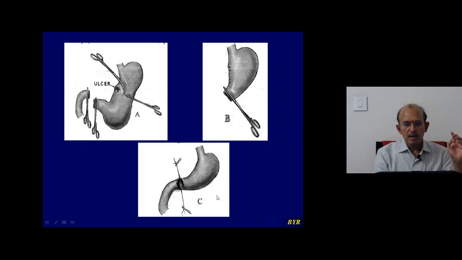So after many modifications, this is the ultimate way we perform gastroduodenostomy now. Nowadays, this is how we do the gastroduodenostomy, not the original method of Billroth. But because this procedure was first started by Billroth, it goes with the name of Billroth's gastrectomy.